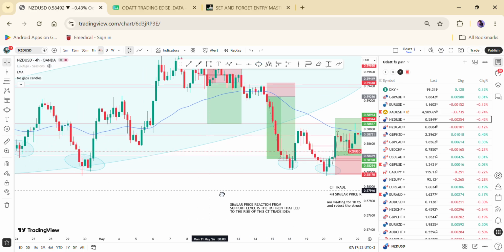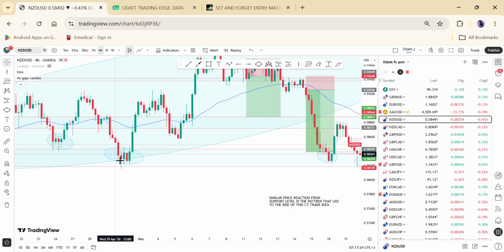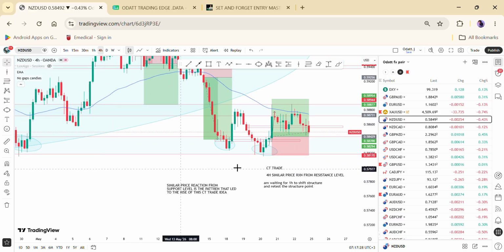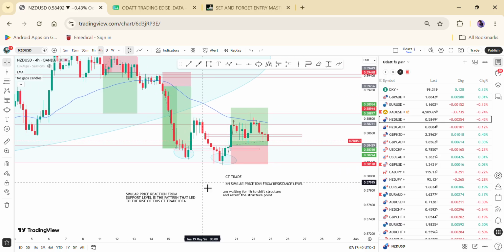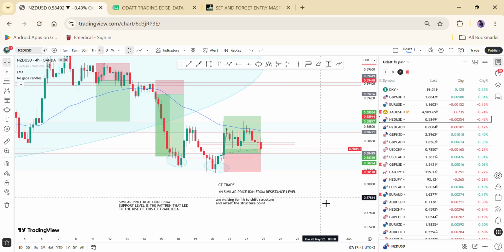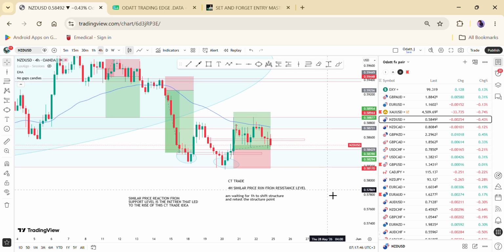The same thing price did here. Whenever we come here, bullish rejection candle, and then the price pulls back to this level. So the same thing happened here, we have price pulling back here, we have that bullish rejection candle, and then we have to the downside. So that was the psychology or technical behind how I managed to get into this trade.